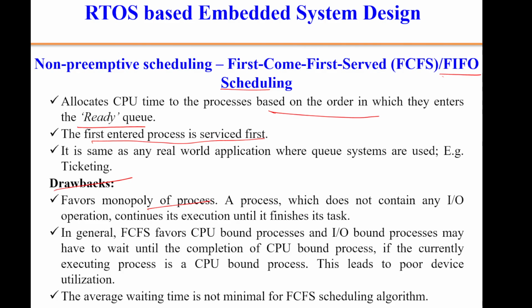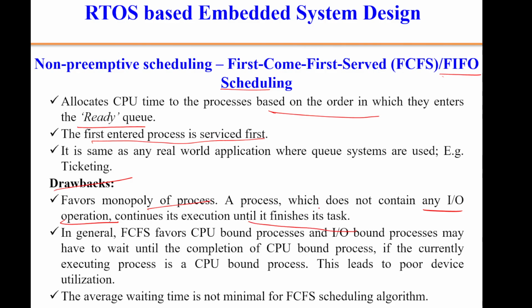Whichever comes late will lose the chance of getting the CPU time, or will get the CPU time very late. A process which does not contain any IO operation continues its execution until it finishes its task.